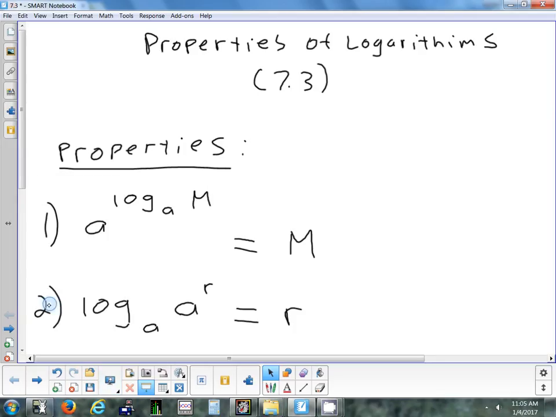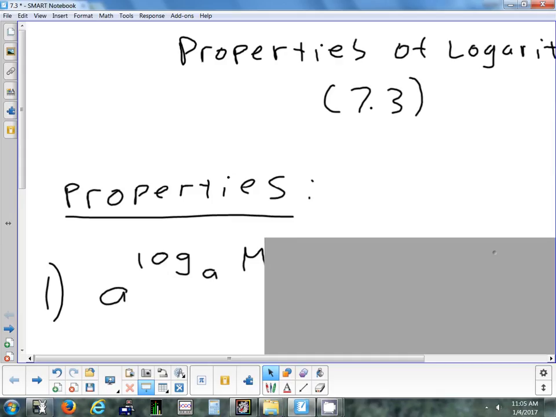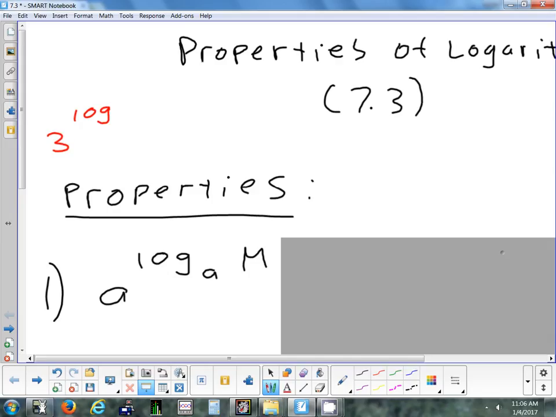The first one says a raised to the log base a of m. Did anybody notice something there that matches something that's used twice? Yeah, the a. Whenever you have that pattern, if I did it with numbers, it might look like this: 3 to the log base 3, and then pick something different, 5.